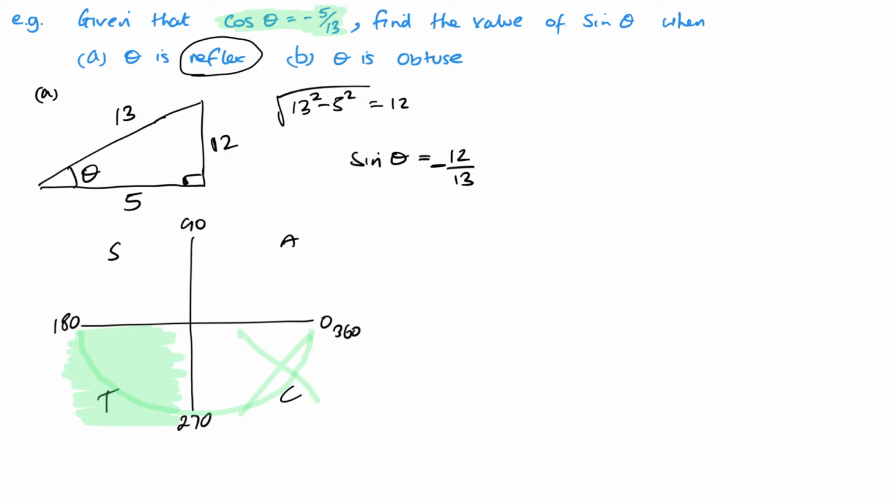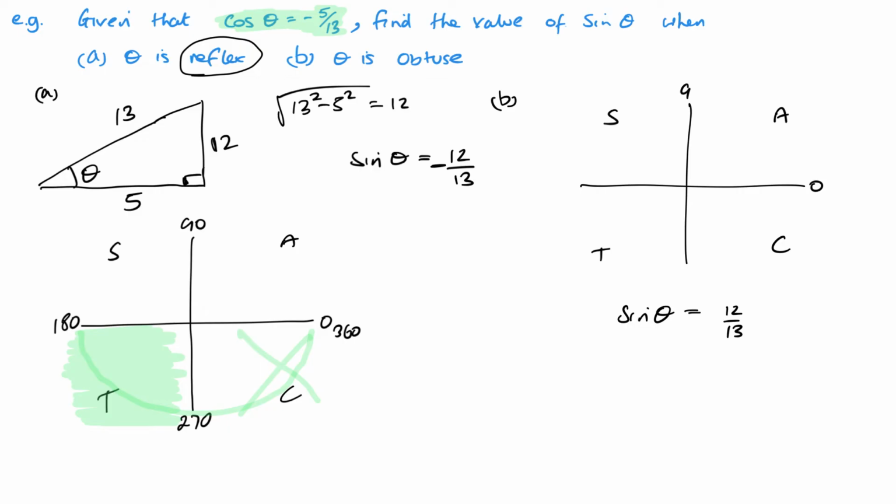And I'm also going to do b while I'm here, as we get the same value, but it's obtuse. So I won't work out the value again. We know sine theta is 12 over 13. We just need to check the sign. So here's my CAST rule, 0, 90, 180, 270, and back round to 360.